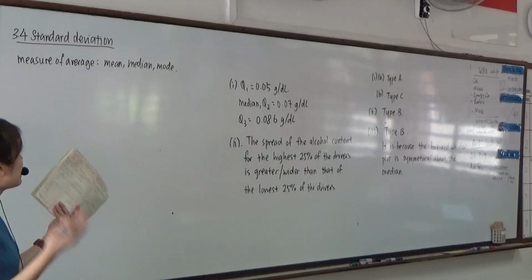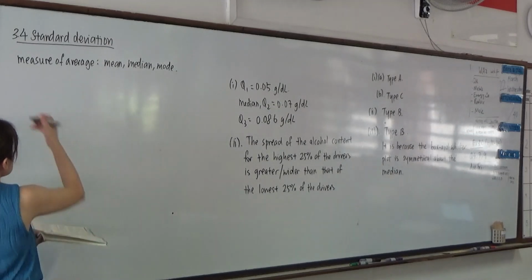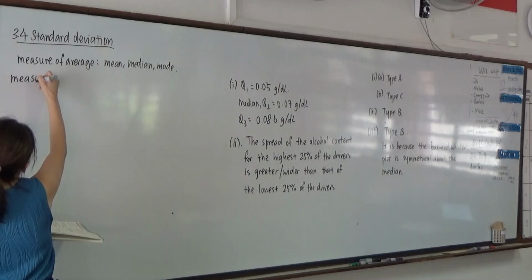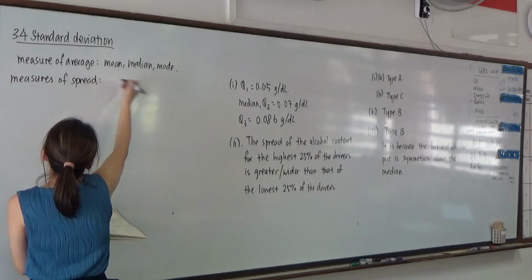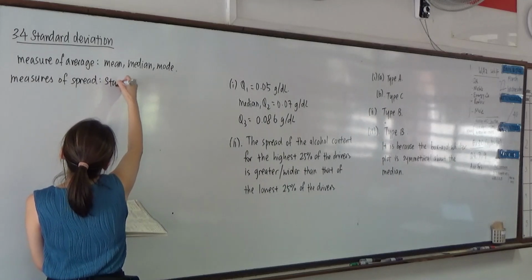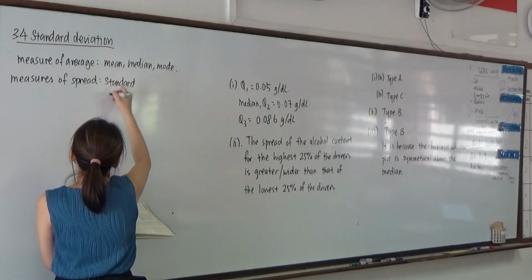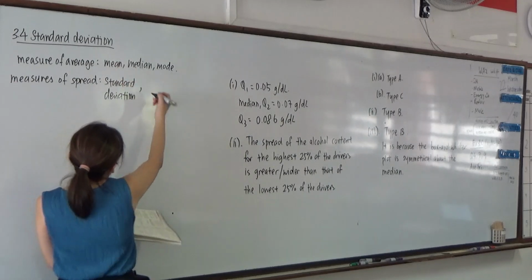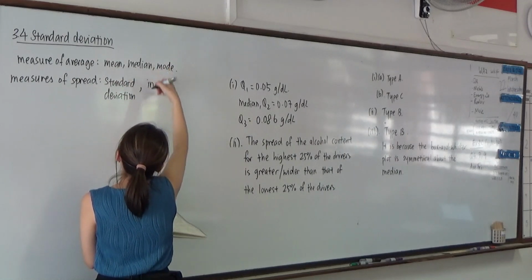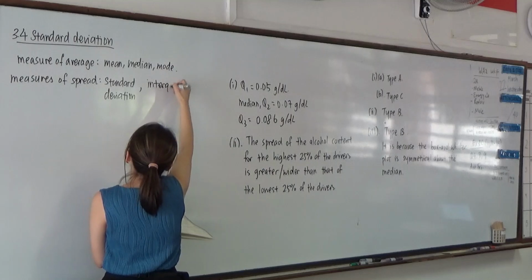But with the measure of average, we also have corresponding measures of spread, whereby mean we place together as a pair with standard deviation, and median we place together as a pair with interquartile range.